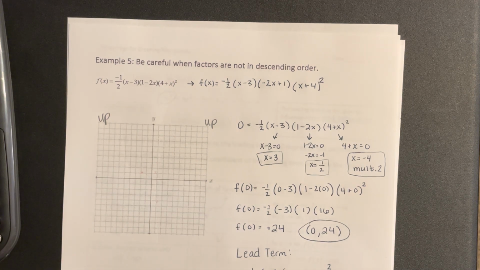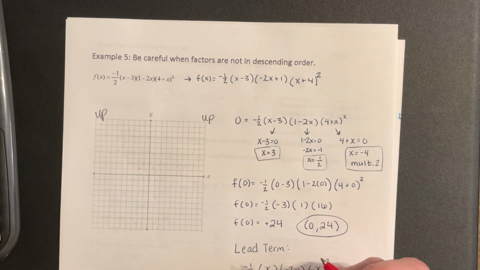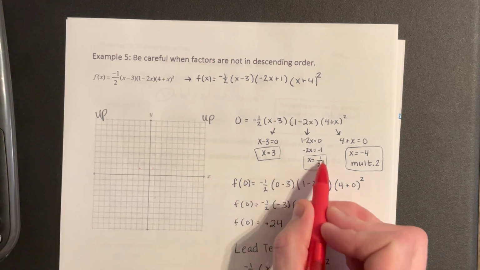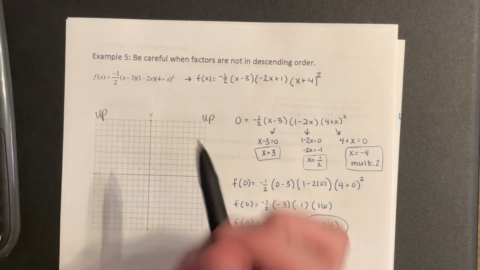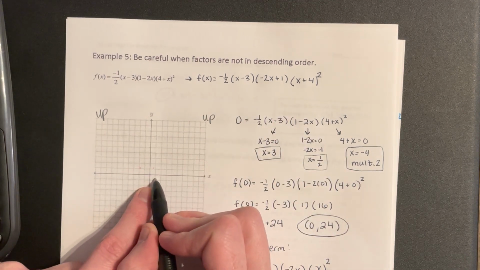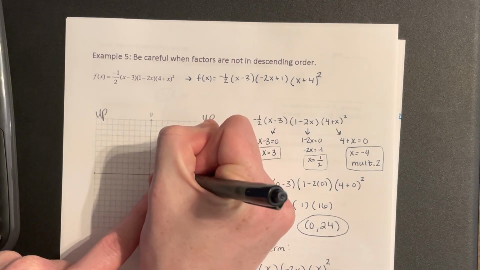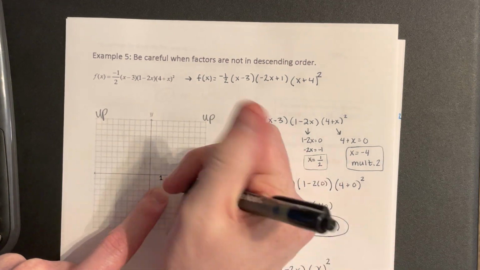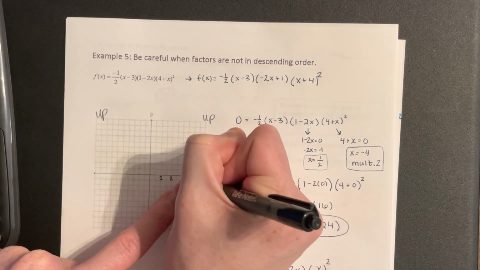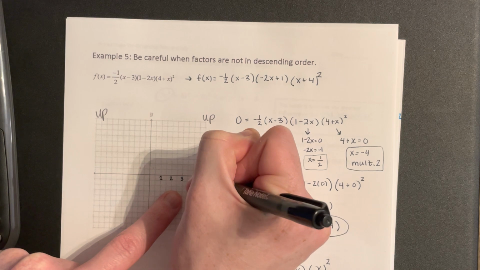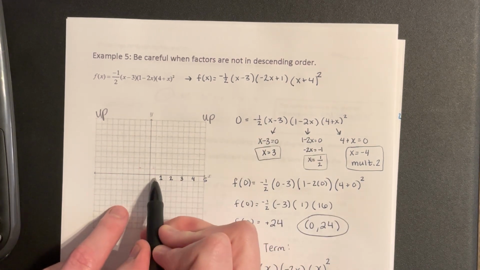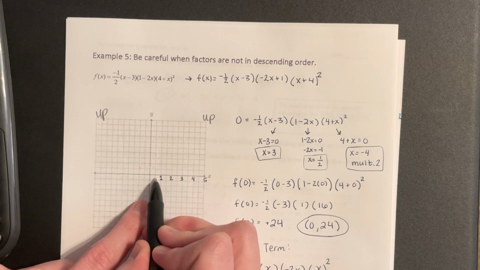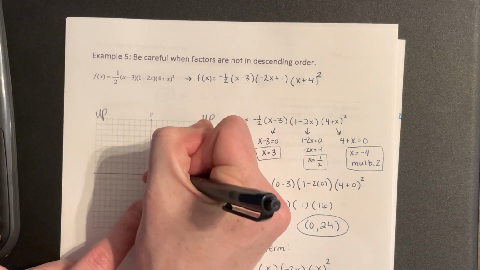Let's put in our zeros first. So I've got x values. Since this is a 1/2, I'm going to change the x-axis just like I did the last one. So instead of making this first one a 1, let's make the second one a 1. So every other one gets to be an integer. So that first nice tick mark would actually be a 1/2.